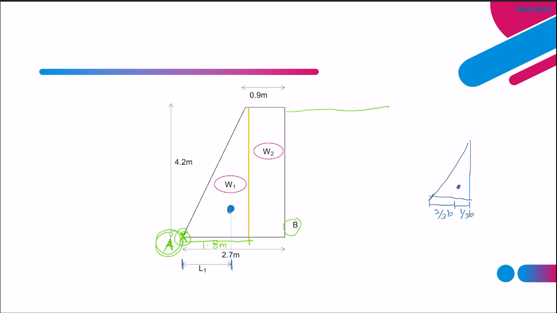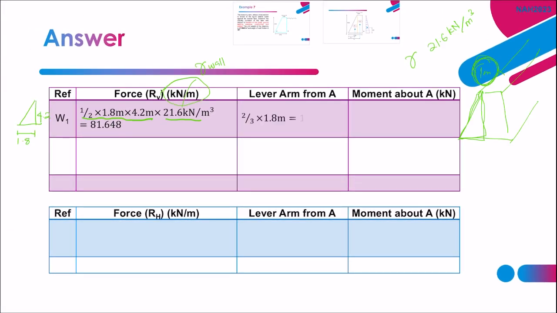And since point A is here, its distance is 2/3 times B. Then it is 2/3 times 1.8 meter. There you go. Next, we will calculate the moment about A, meaning that for moment, we know that the force has to be multiplied by the distance, right? So the force or weight is 81.648 times the distance 1.2, then you get this 97.978.